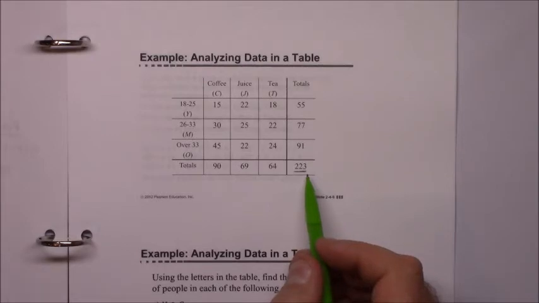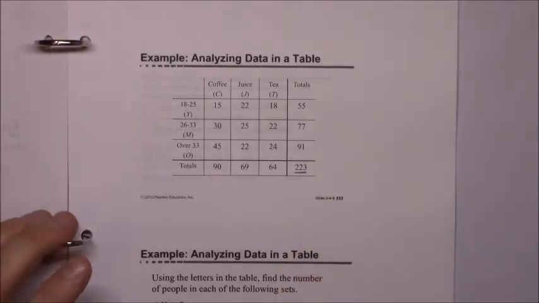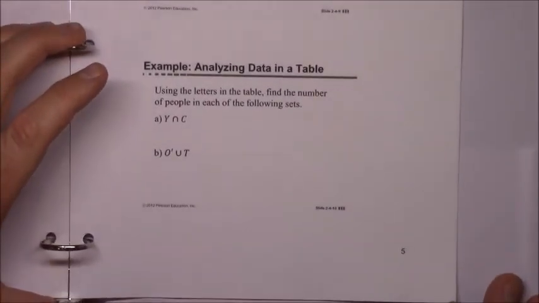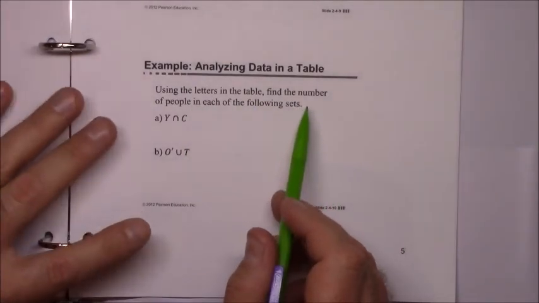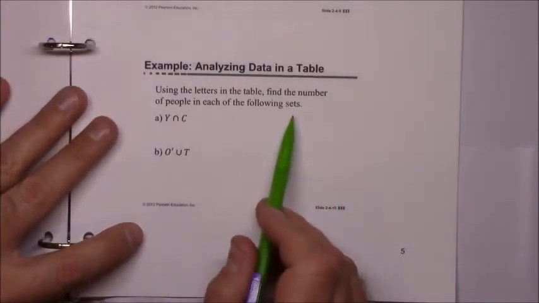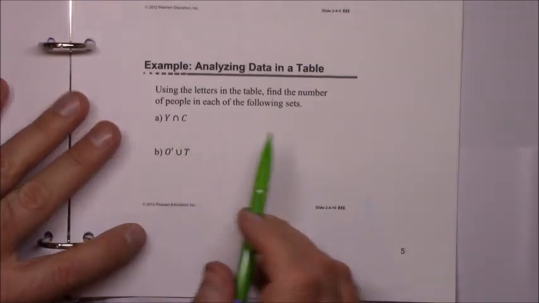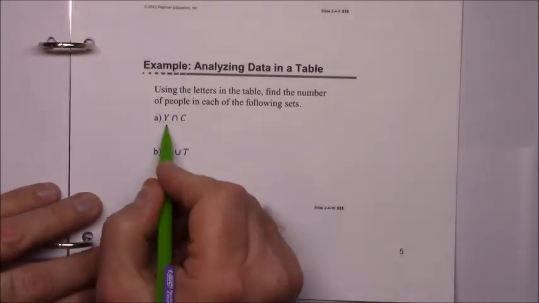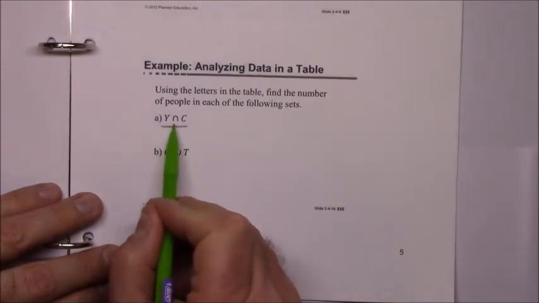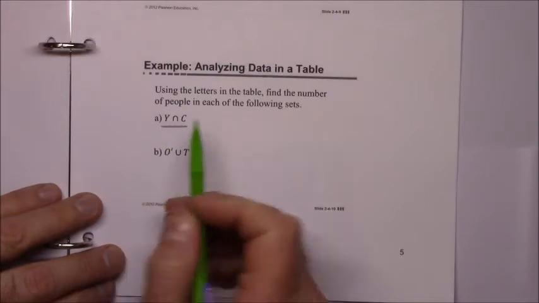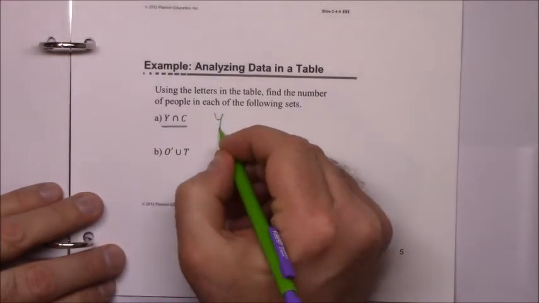Now, if you look down at the bottom of page 5, here's where they ask us the actual questions. Using the letters in that table, find the number of people in each of the following sets. First of all, they want the number of individuals that are in the region Y intersect C. Now remember, when you see that intersection symbol, think of the word and.